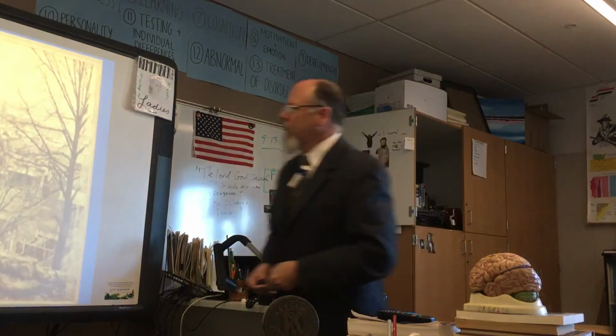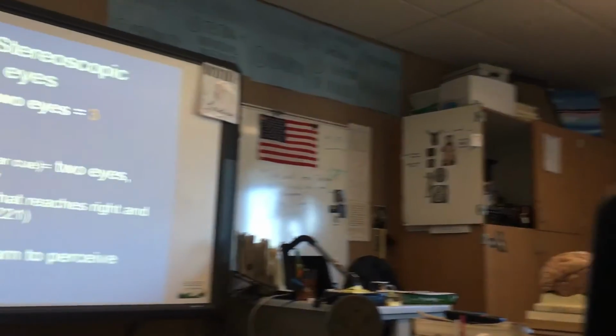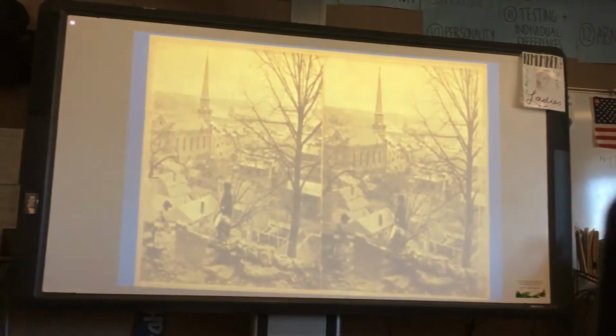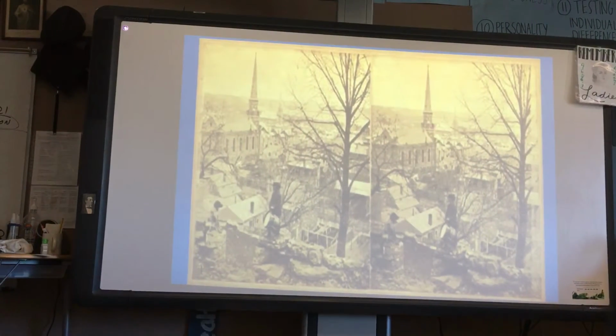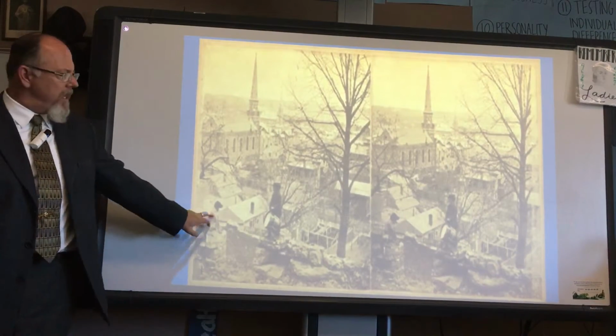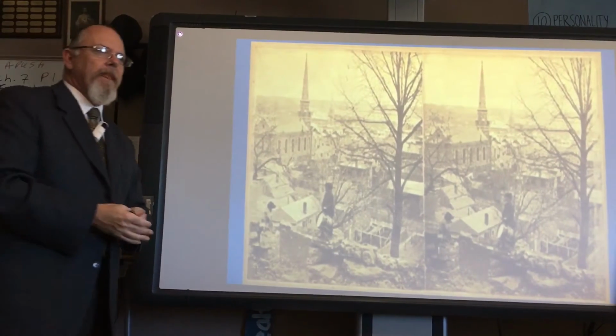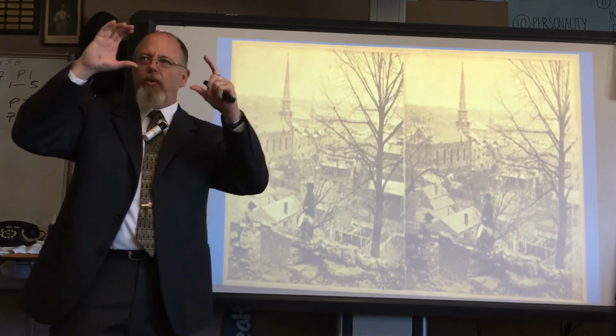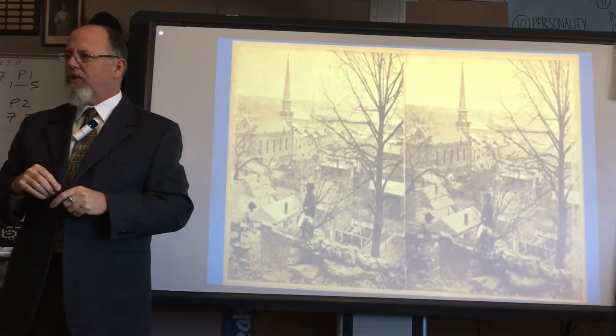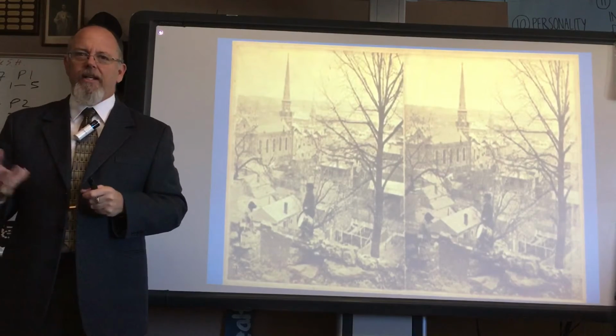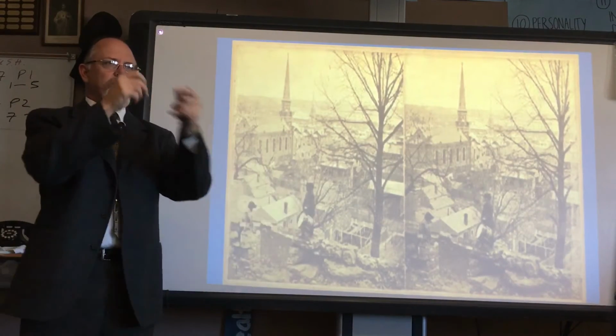Yeah. Here, this is a stereoscope. Stereoscopic means two eyes. This was an early three-dimensional postcard viewer from the 19th century, probably 1850s or 60s, when they were developing photography. The way it works is you put this postcard in, like the new phones that you could put in a little holder, it's a virtual reality thing, the commercials. I don't know what it is, but it's very much what this was.